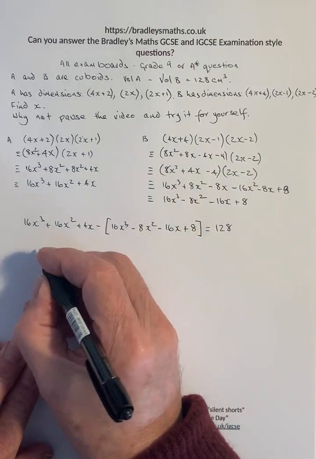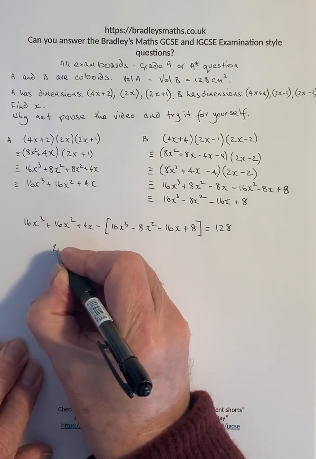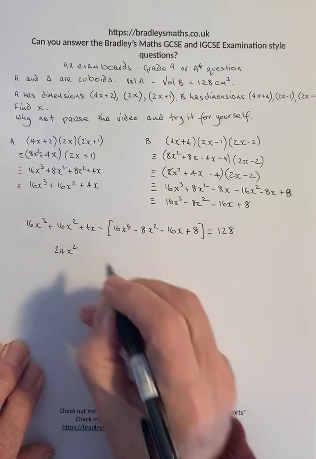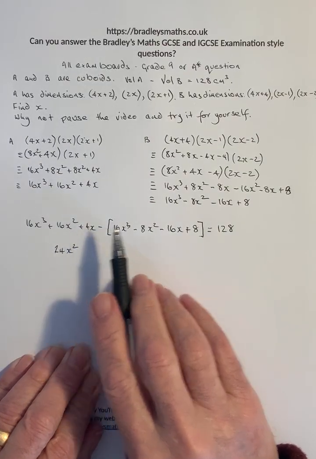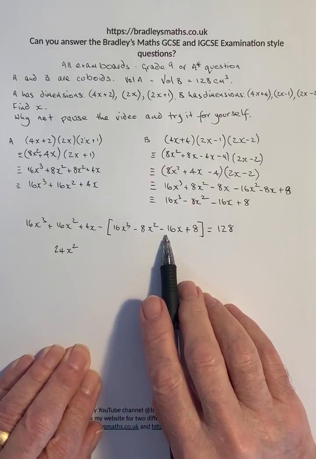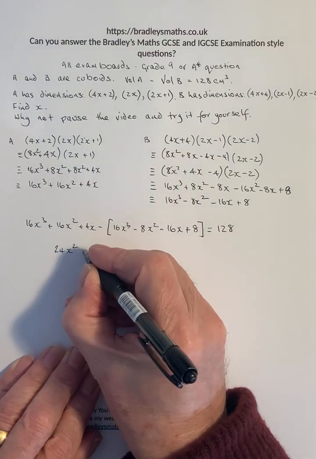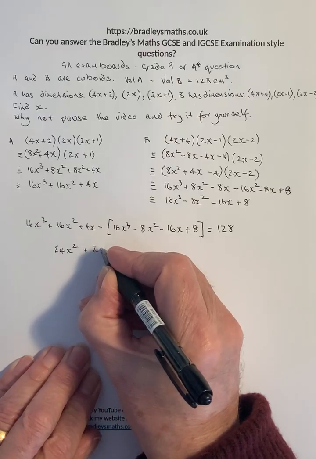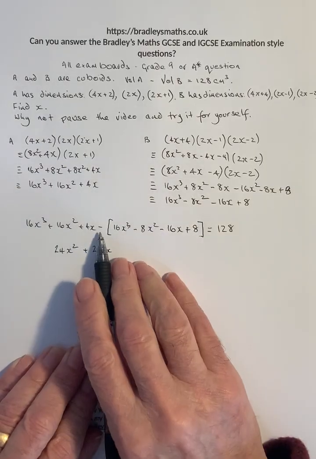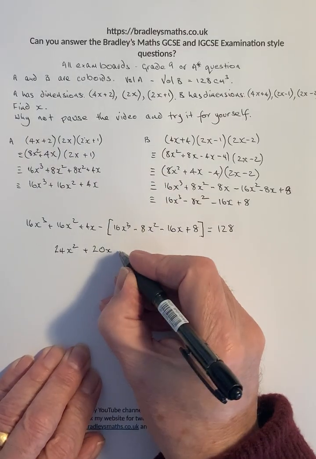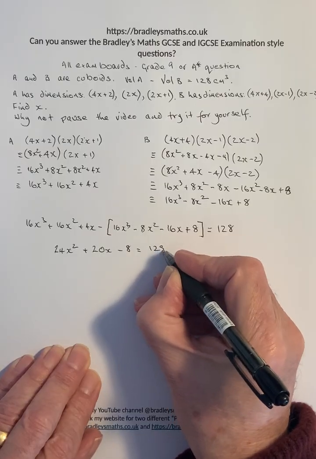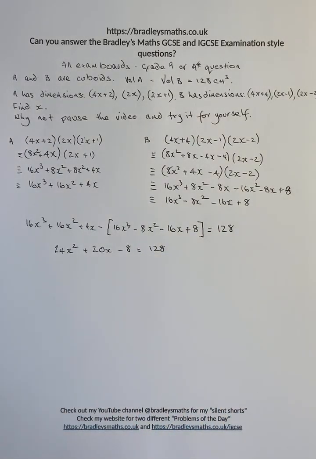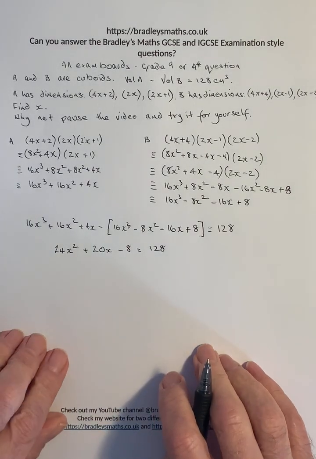So this is 24x squared plus 4x minus negative 16x is plus 20x, minus positive 8 is minus 8 equals 128. And what we have is a quadratic equation, and this quadratic equation is what we're going to solve.